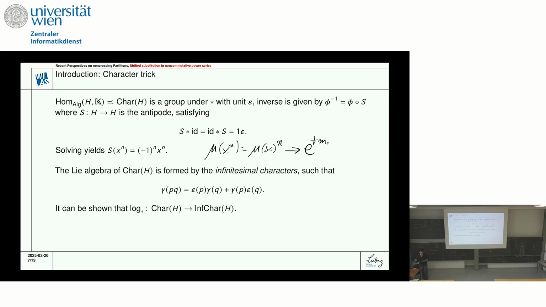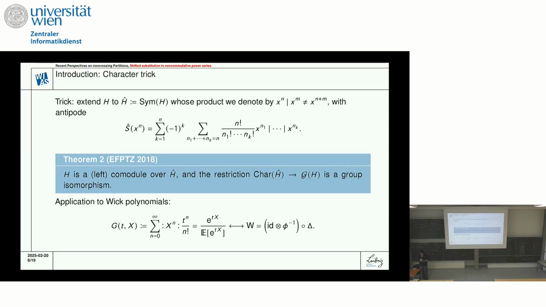So what we can do is go to a bigger space, which I have here, which is just taking the symmetric algebra over my polynomials. So these are, so to speak, polynomials of polynomials. And to not get confused with the usual product, I will put a bar.